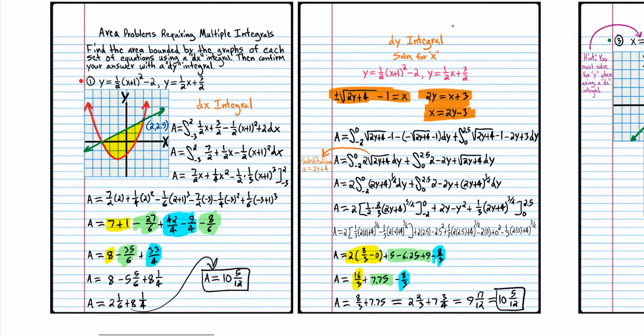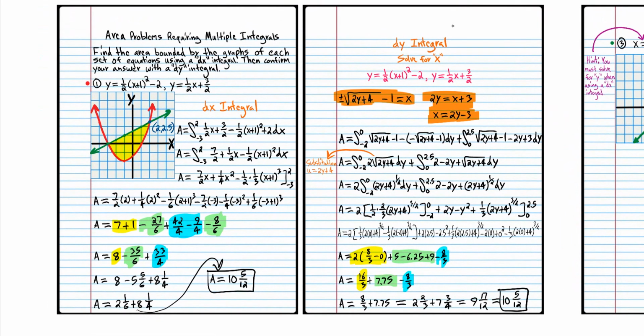So you can see that in some cases we can use a dx integral and a dy integral to find the answer. Now, of course, in this case, the dx integral is much easier, so why would we use a dy integral? Well, again, 2 reasons. Number one, we need to learn how to do it, because in some situations it's actually going to be easier. You'll find as we do other problems today, in some situations it's going to be easier to use a dy integral.